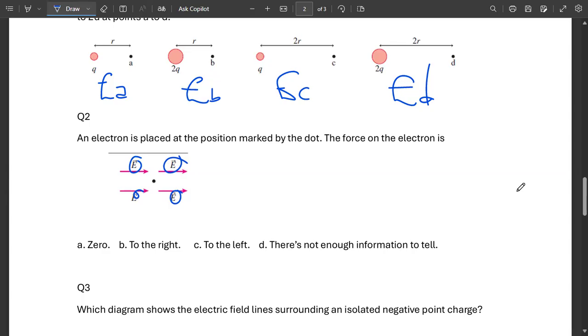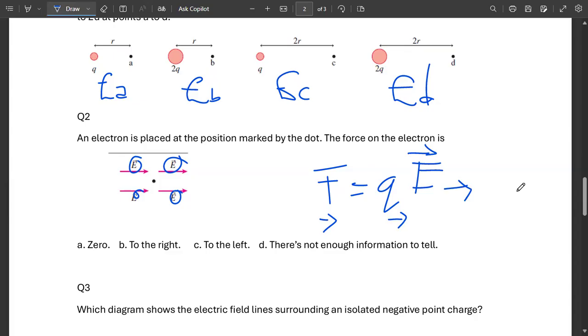So we have to now bring out the formula for finding the force on the electron, of which we say F is equal to Q multiplied by E, where F is for the force, Q is for the charge, and E is the electric field.